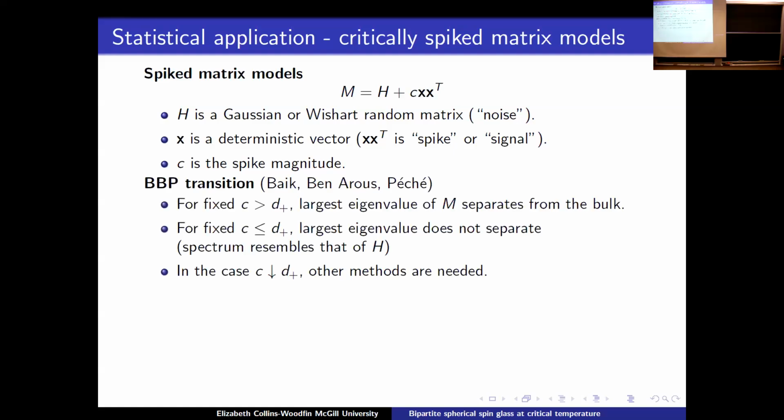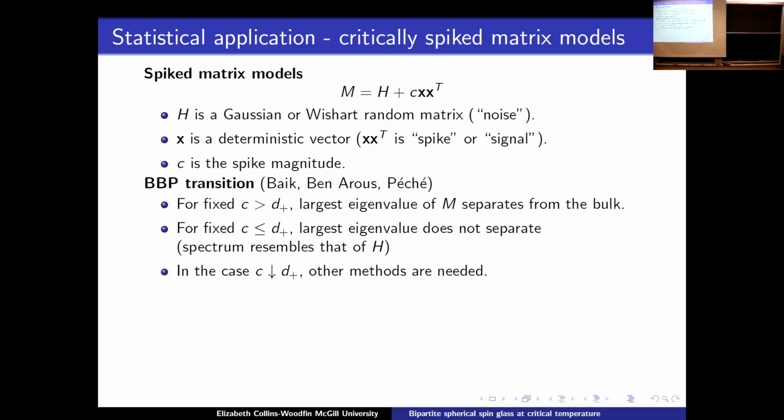And there are well-known results about this called the BBP transition. What that says is that if C is above some particular threshold, in the case of a Wishart matrix, it's D+, in the case of a GOE matrix, it's just 1, then if C is larger than that, you'll have one eigenvalue which separates from the rest.